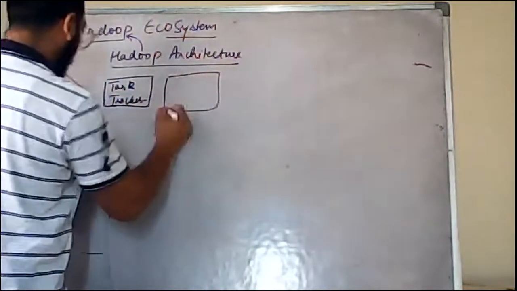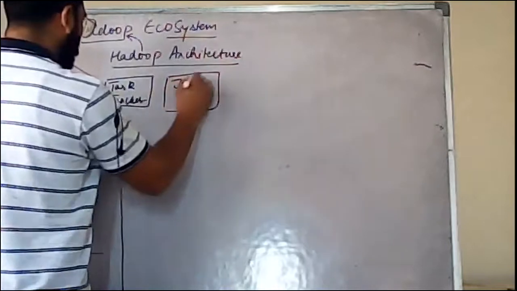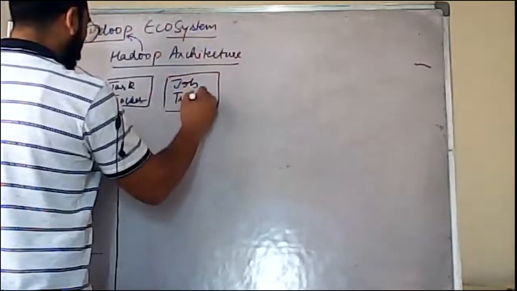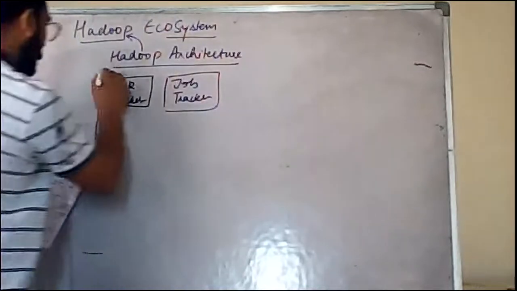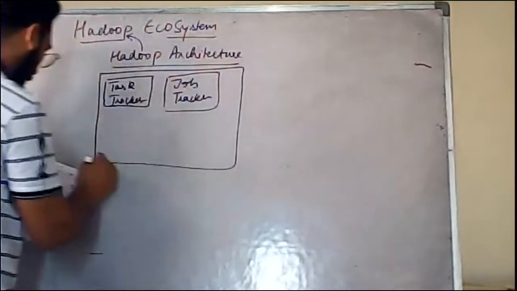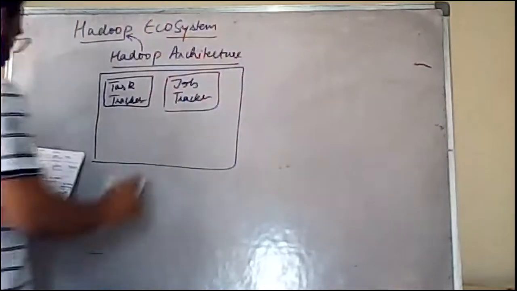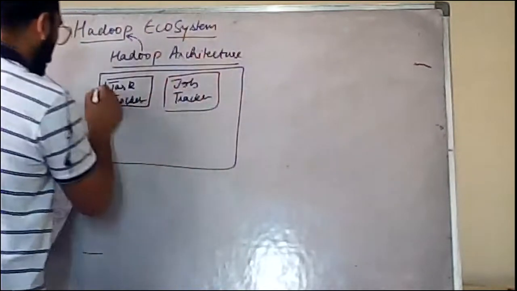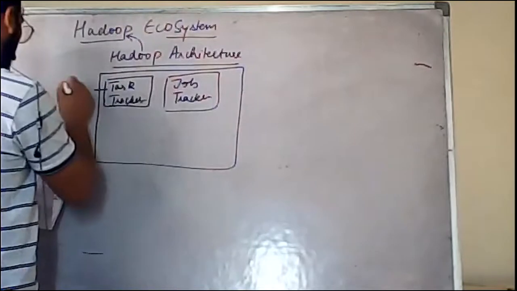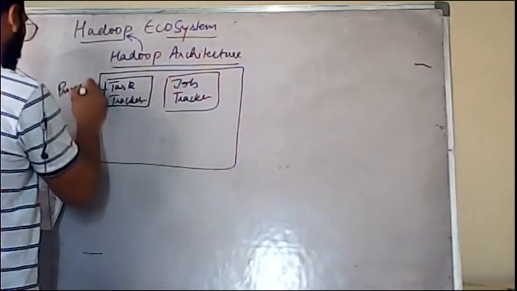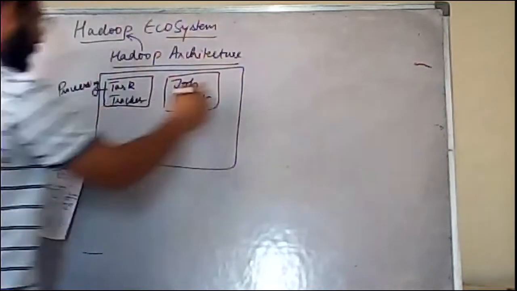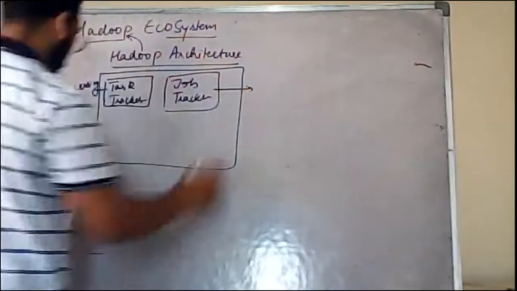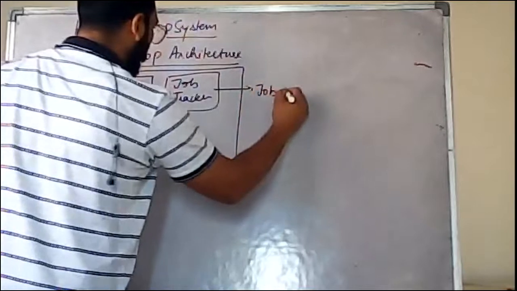There are task trackers and there are job trackers. Task tracker will process your data. Job tracker will perform your job division and job scheduling.